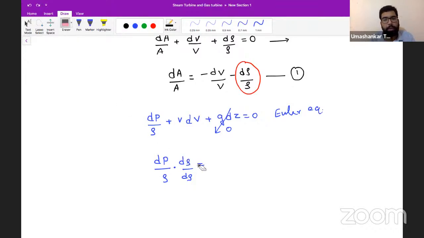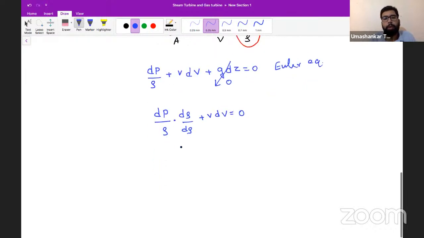No, it is not going to make any difference, right? dp by rho, I write as dp by d rho into d rho by rho. So dp by d rho is nothing but the velocity of sound squared. We have seen this in the previous lecture.